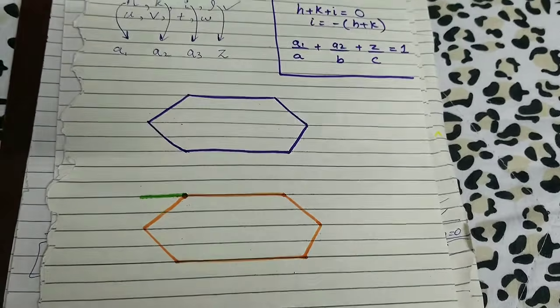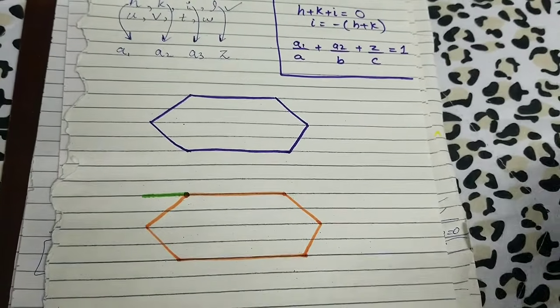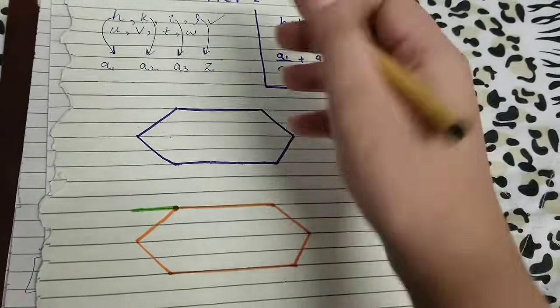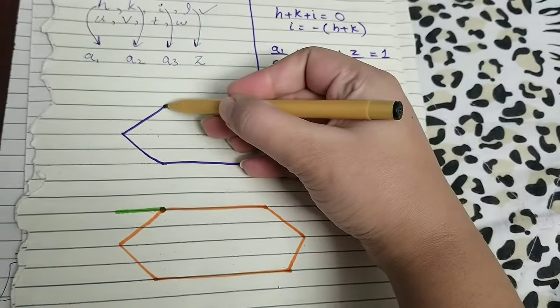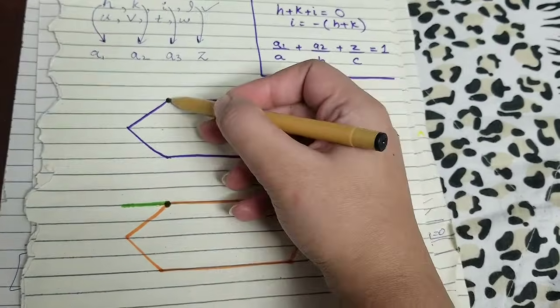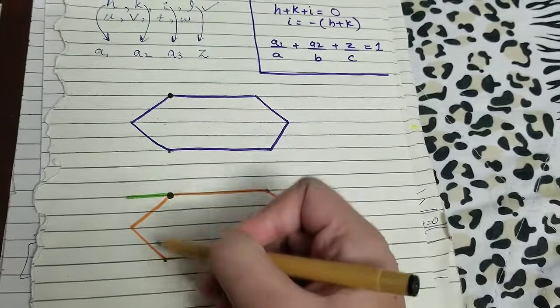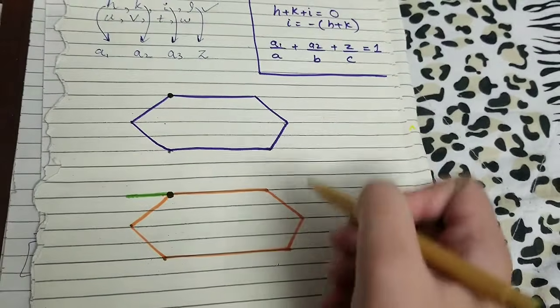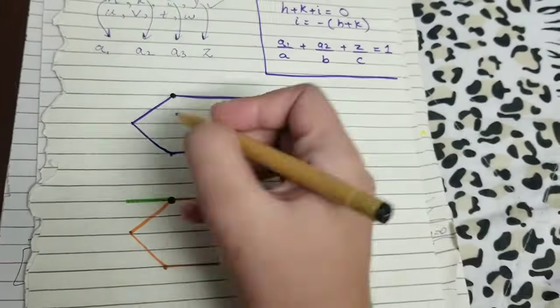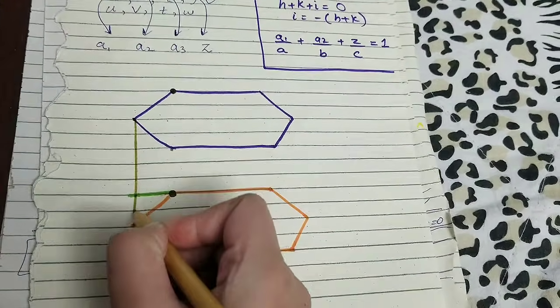Now we have to join each corresponding corner. For example, this corner and the reflection of this corner down here is this one, so we'll join this corner with this one, and this with this. All corresponding corners will be joined to each other, and it will look like that.